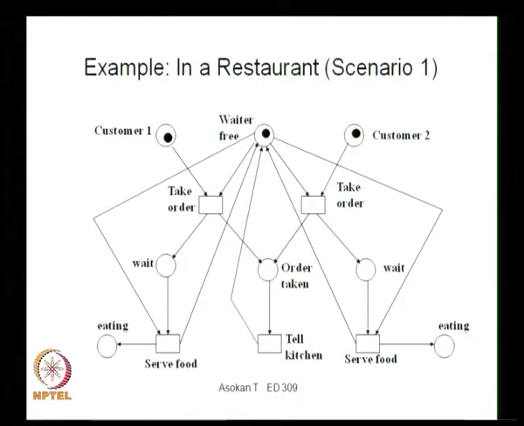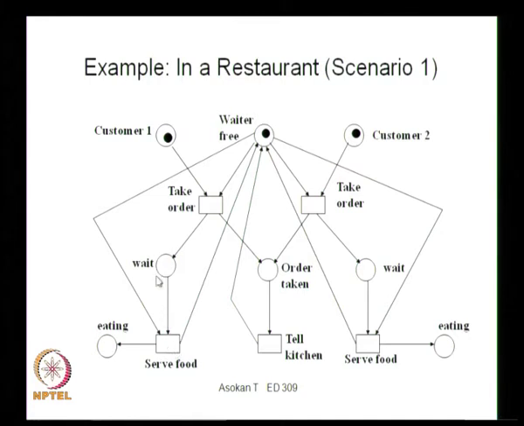Similarly, for customer 2 also you need to have these transitions, and when this transition takes place there are two tokens coming over here. This transition is connected to two places, wait as well as order taken. Then you can see the serve food transition is connected to waiter free and food is available.